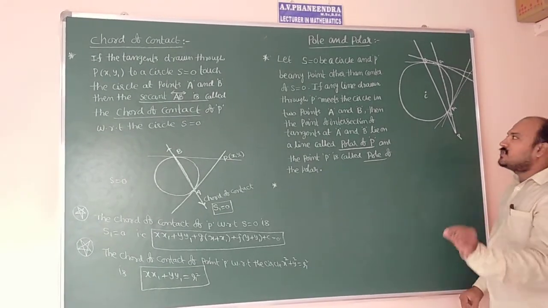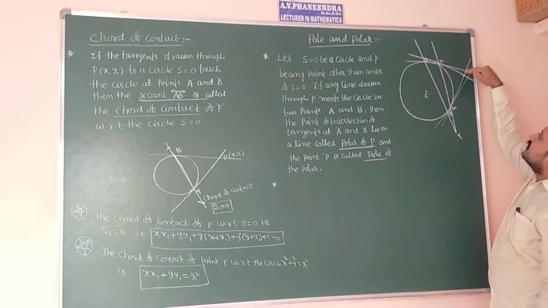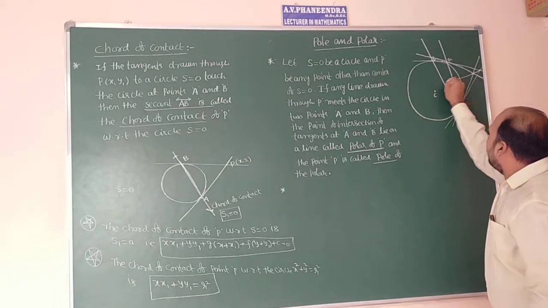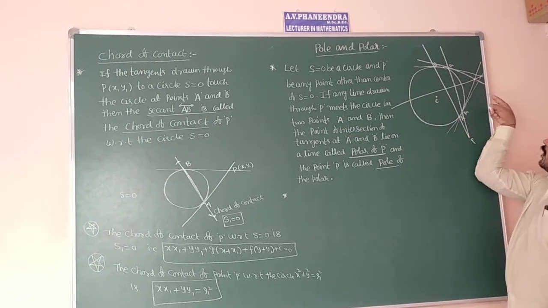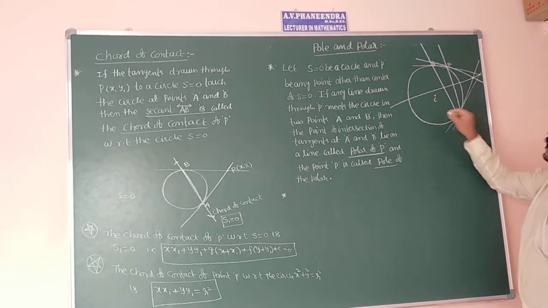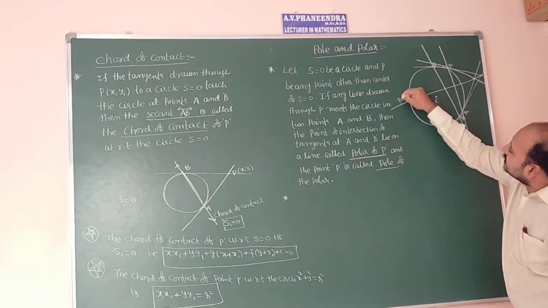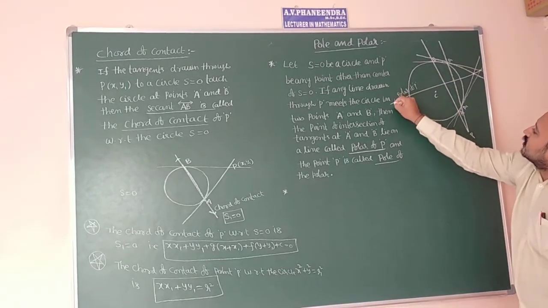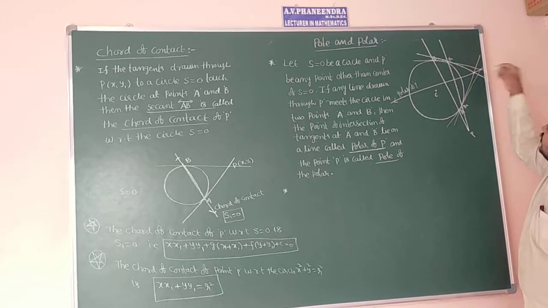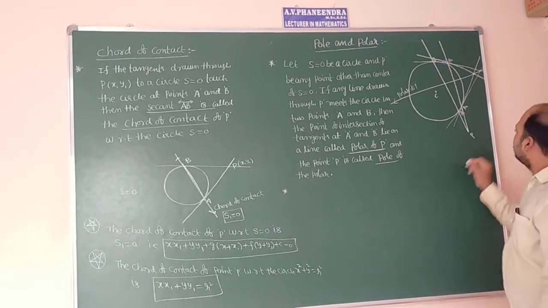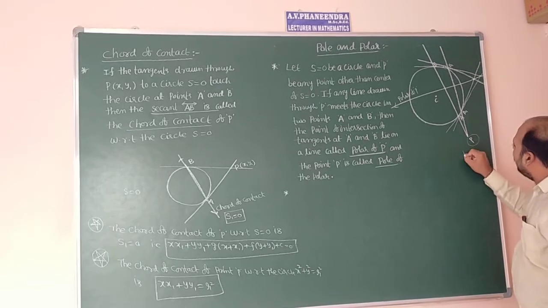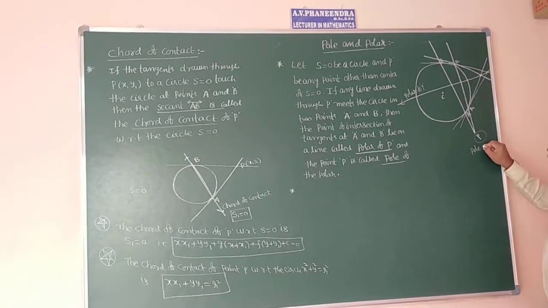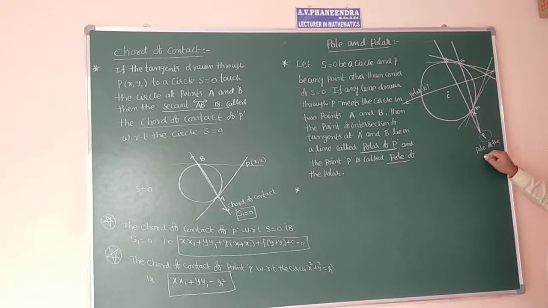The line passing through the points of intersection of these tangents is called the polar of point P. This is called the polar equation. This point P is called the pole of the polar with respect to the circle S equal to 0.